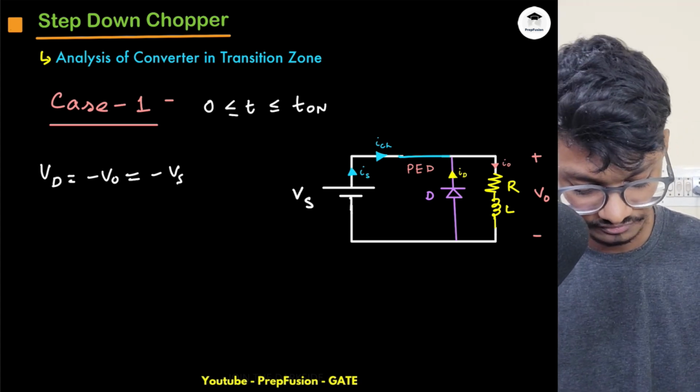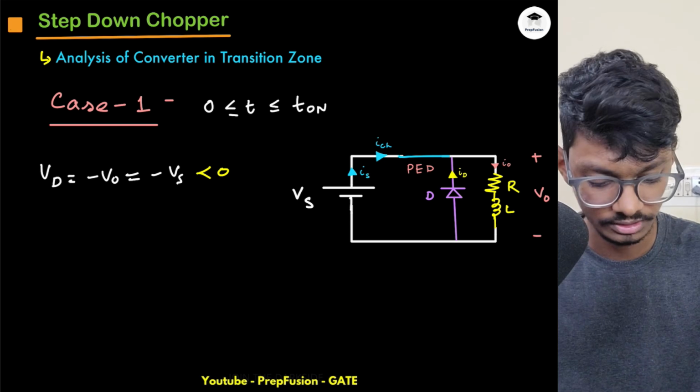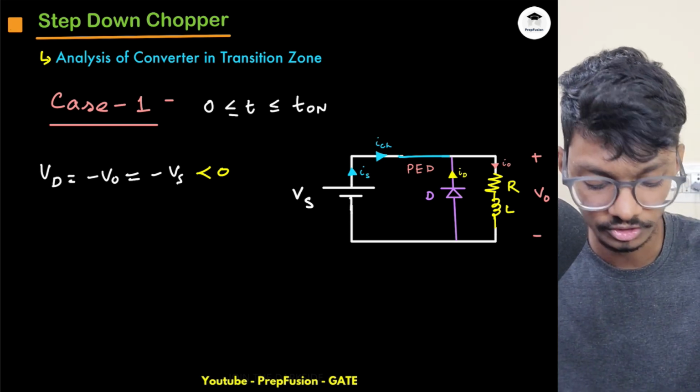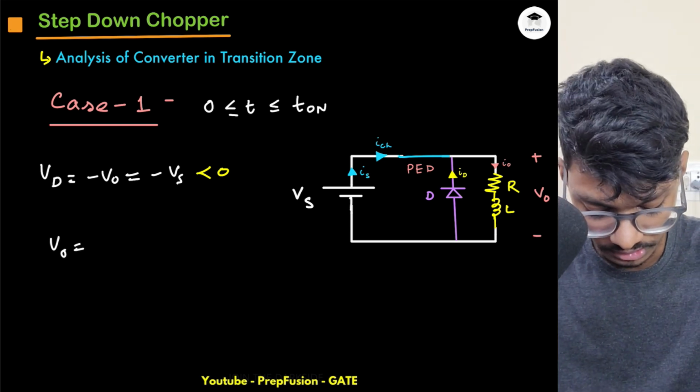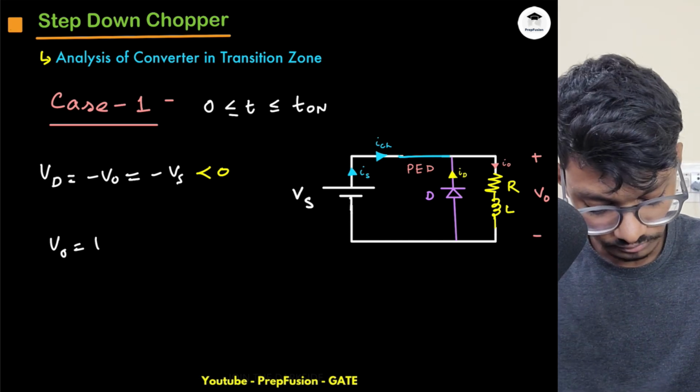So obviously this diode will be off, no matter what. The power electronic device will be on, and my output voltage will be Vs.